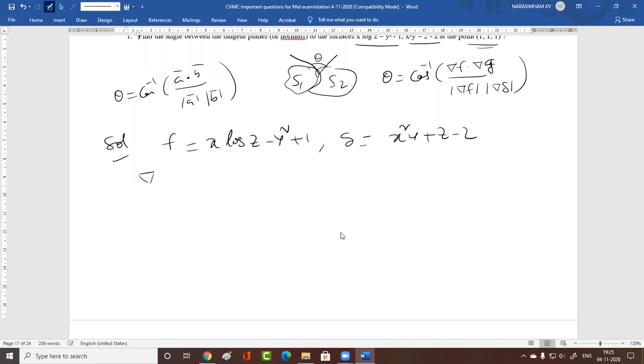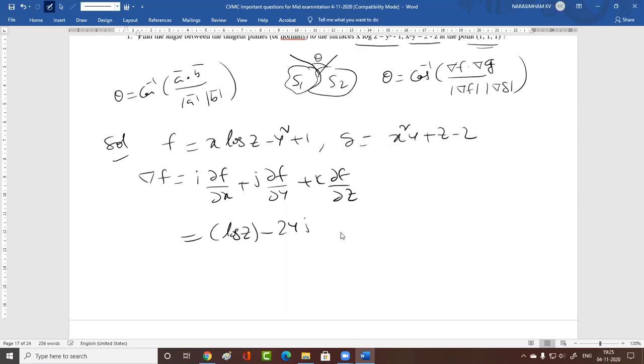Del f is i dou f by dou x plus j dou f by dou y plus k dou f by dou z. So the partial derivative with respect to x is log z. Now minus 2yj. Here the derivative of log z is 1 by z.